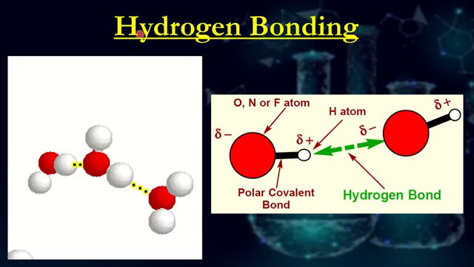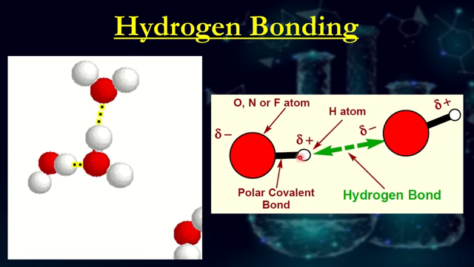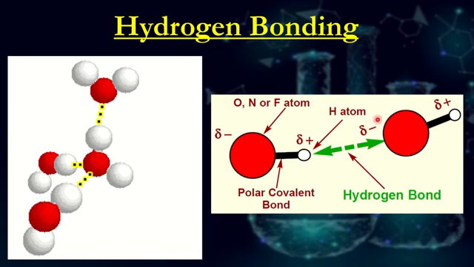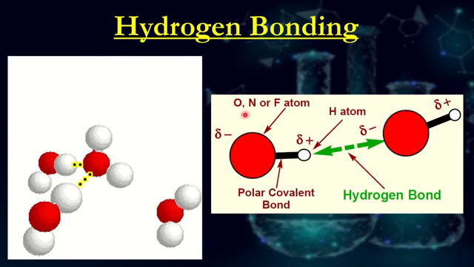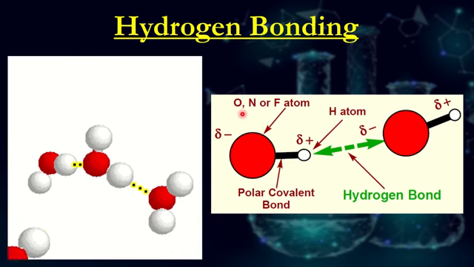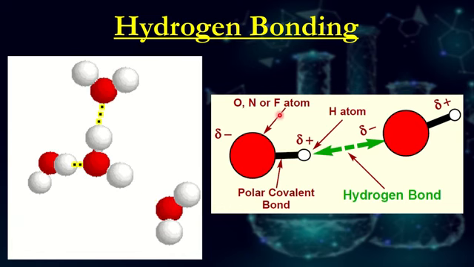The last one we're going to look at is hydrogen bonding. Now, hydrogen bonding, by its name, is to do with bonding with hydrogen atoms, but there's a slight extension to that, and that's the factor where this type of bond is only applicable to oxygen, nitrogen, and fluorine.